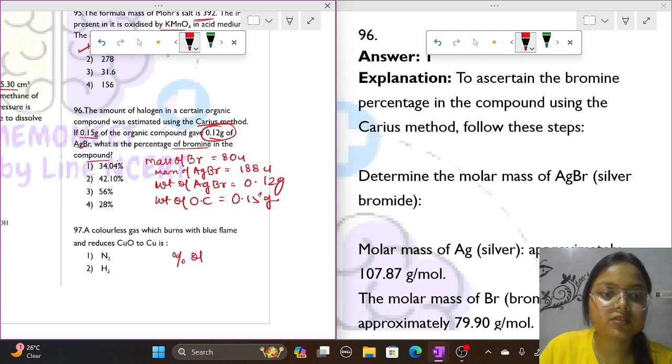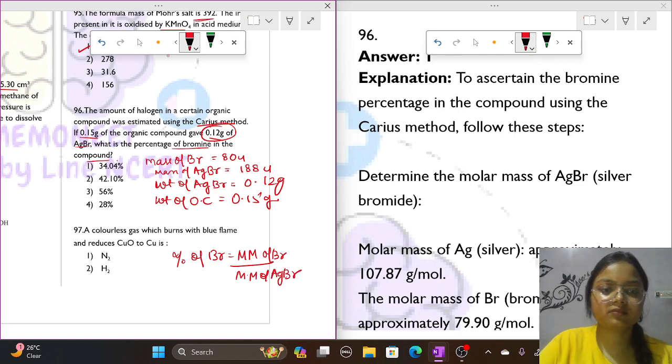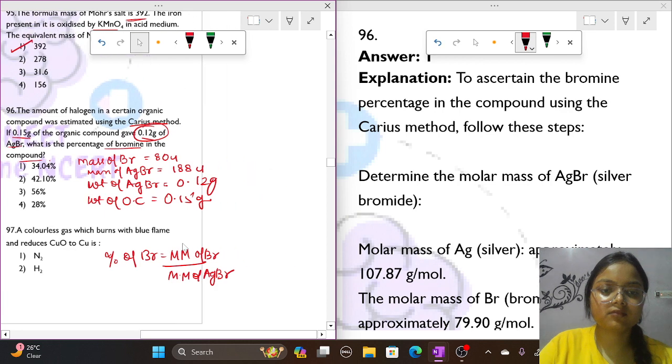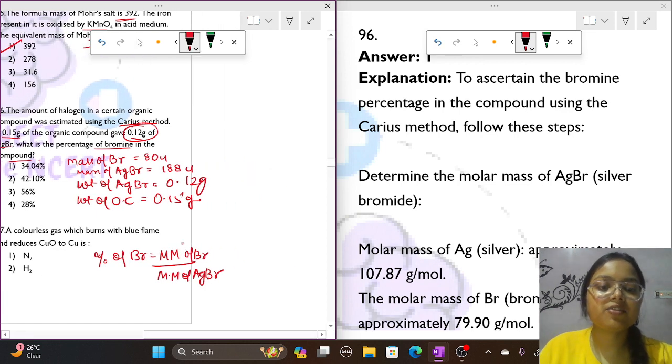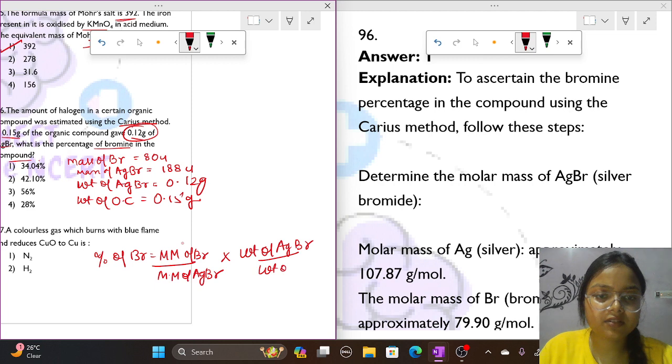Okay, here. So the percentage of bromine is the molar mass of Br by molar mass of AgBr into weight of AgBr by weight of organic compound. Okay, from this we can find out the percentage of bromine.